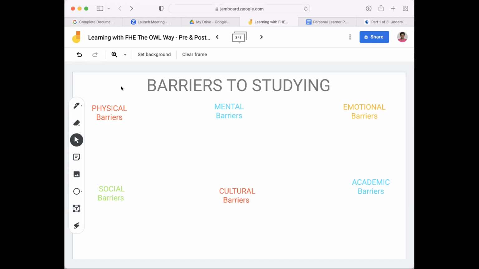All right, so some physical barriers. In the interest of time, I'm gonna just share some of mine with you. Some of my physical barriers are noise. If there's noise in the area, I can't study. I don't learn well when the area is noisy. Sometimes distractions.